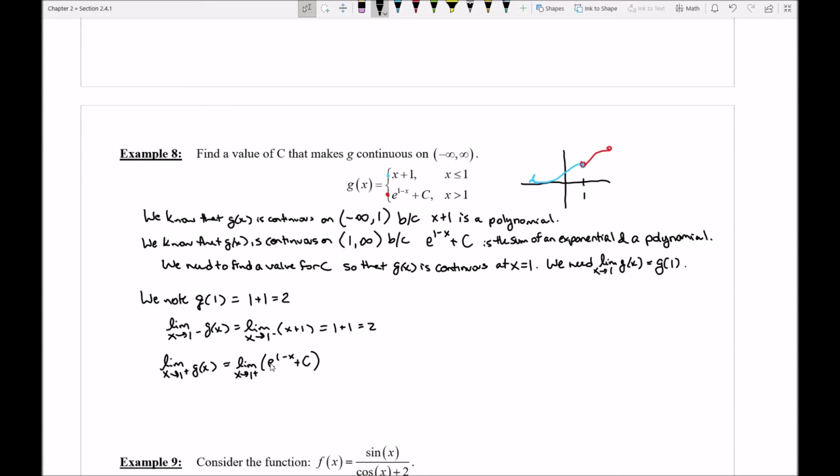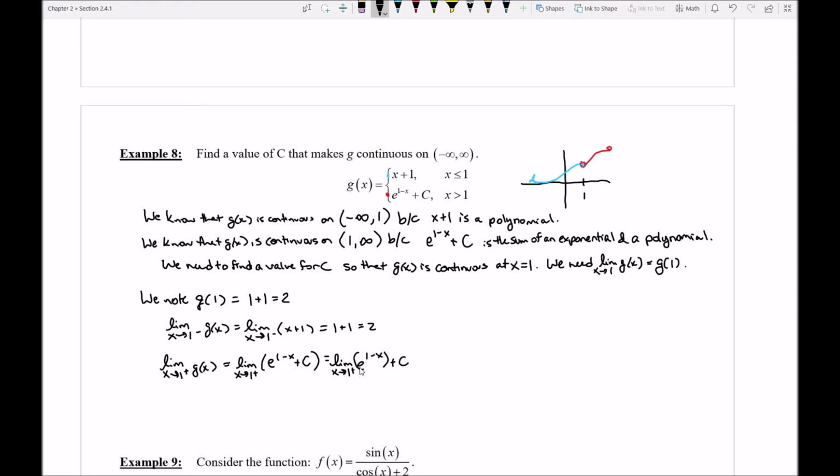I can use a limit law, which would allow me to say that I'm going to be doing the limit of the first piece and then a limit of the next piece. And I know that the limit of that next piece is just going to be c, so I'll just shortcut that.